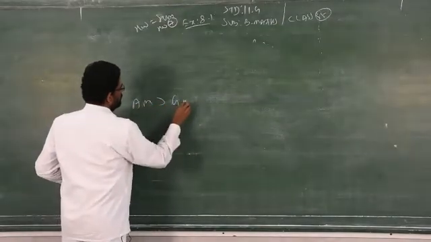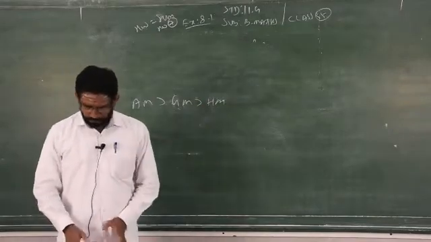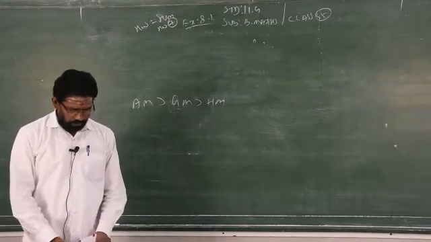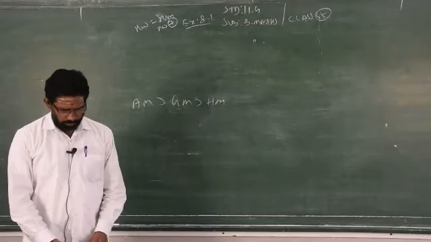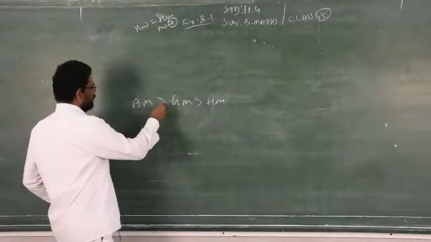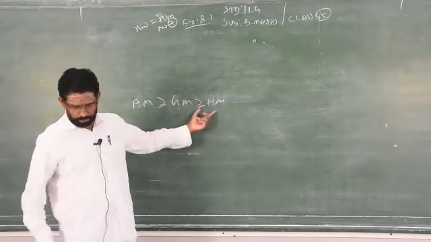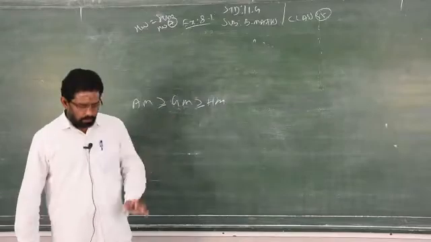So this is the formula to verify the relations between AM, GM and HM. So these are the relations: AM is greater than or equal to GM, GM is greater than or equal to what? HM. So this you have to verify by using the given data.